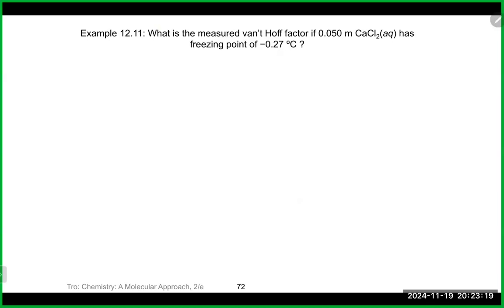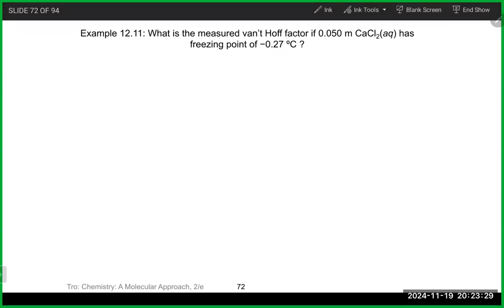All right, so let's take a look at this one here. What is the measured van 't Hoff factor if a 0.05 molal calcium chloride has a freezing point of minus 0.27? So here we're doing freezing point, and it is ionic, which is calcium chloride, so we do need to incorporate the i and our Kf and our m.